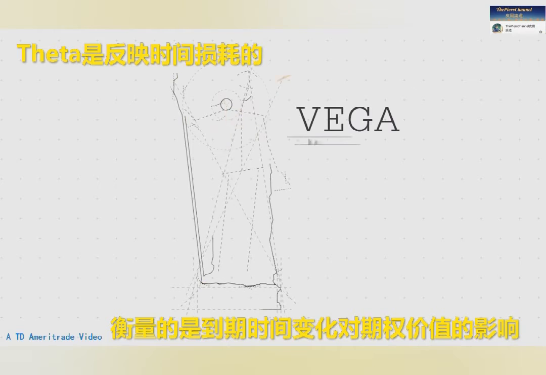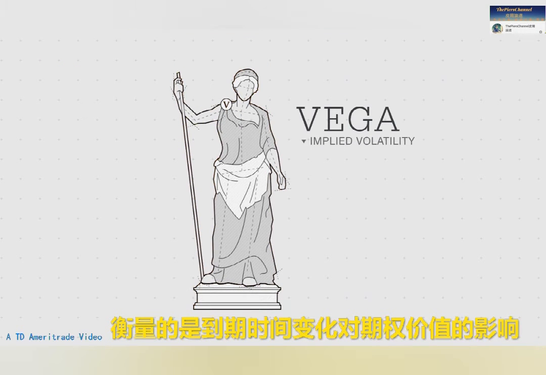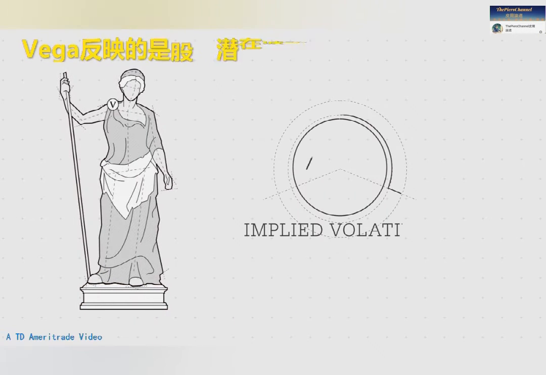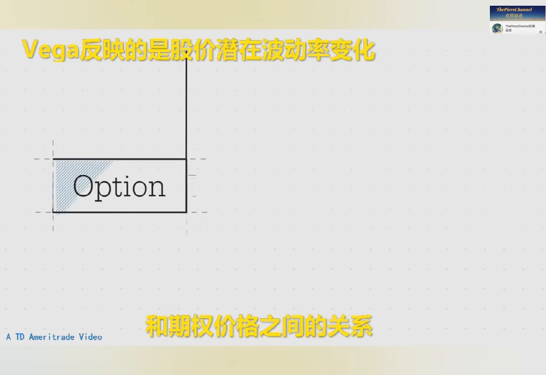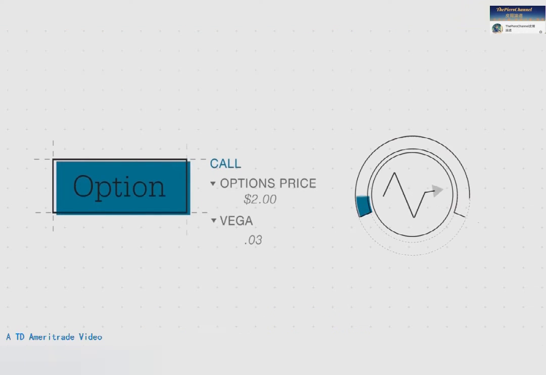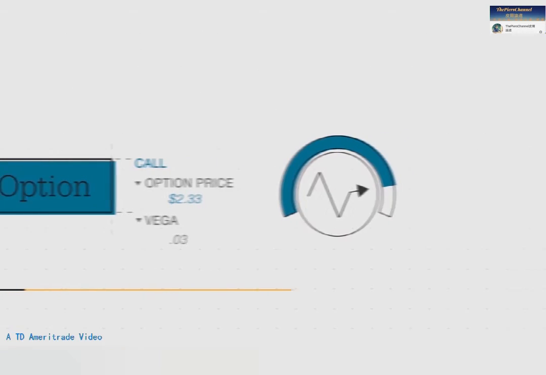Finally, there's Vega, whose domain is implied volatility. Vega estimates how much the premium may change with each 1 percentage point change in implied volatility. If an option has a Vega of 0.03 and implied volatility decreases 1 percentage point, the premium will be expected to drop 3 cents. There are a lot of factors that could cause a spike in implied volatility.